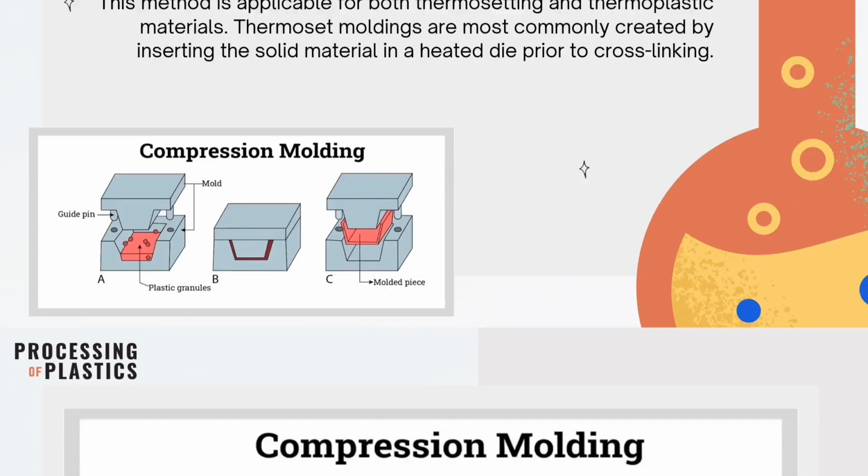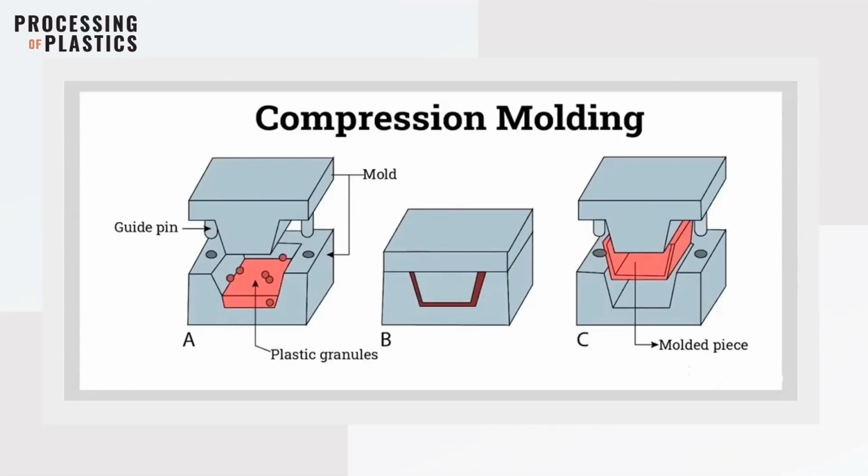The process of compression molding consists of two parts, the upper part of the die and the lower part of the die. The lower part is fixed, while the upper part is movable through guide pins. The lower part has the facility of heating as well as cooling.